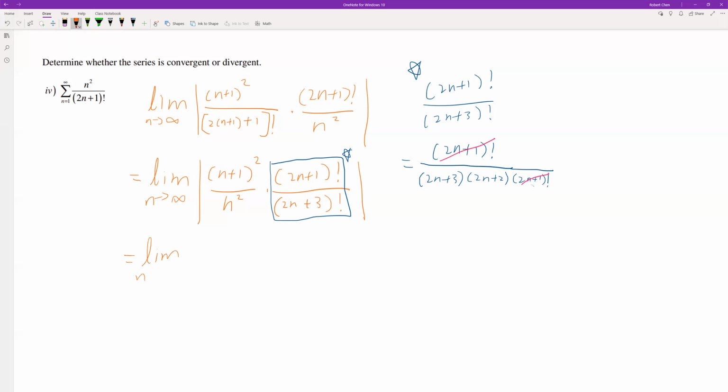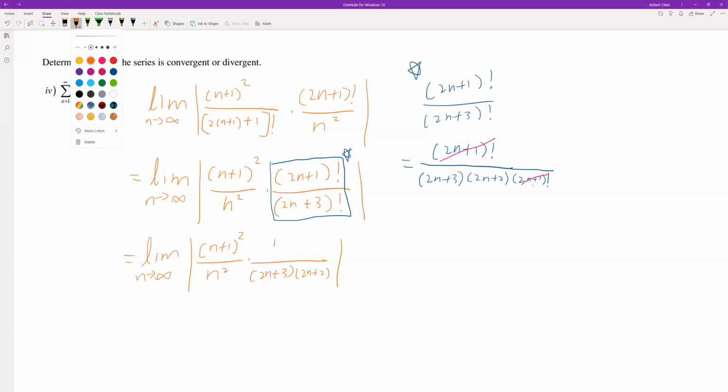The limit as n goes to infinity of (n plus 1) squared over n squared times 1 over (2n plus 3)(2n plus 2). Now from this point we can see that when we take the limit as n approaches infinity, the first rational expression here is going to go to 1, because the degree of the numerator is the same as the degree of the denominator.